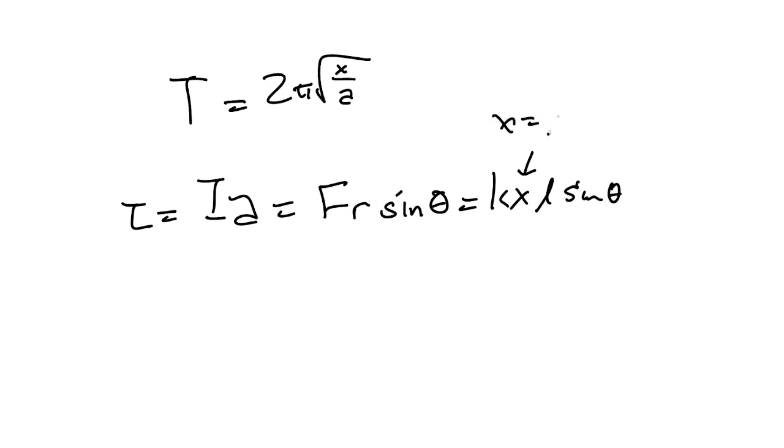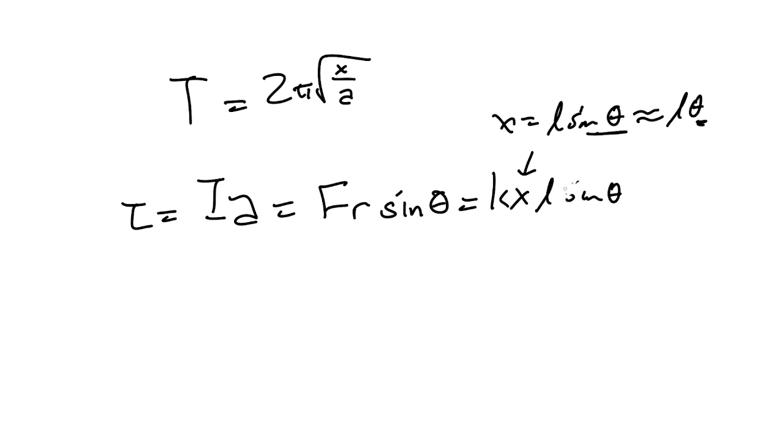So x is going to be equal to L sine of theta. And since these are really small angles from how long this is, we can actually approximate this. This is a small angle approximation, which means that this is now going to be around L theta, right? Because sine theta is around theta for small angles.